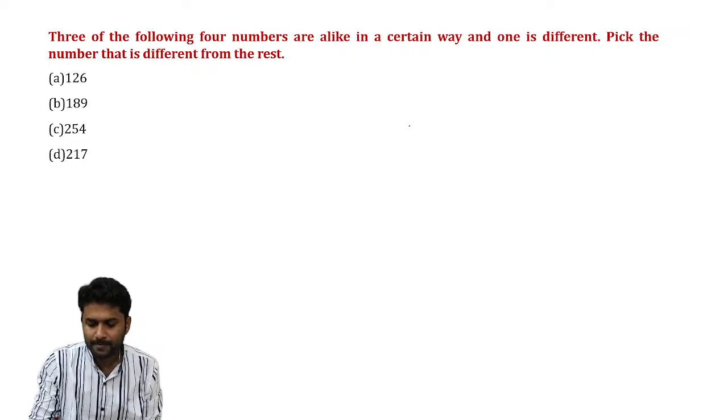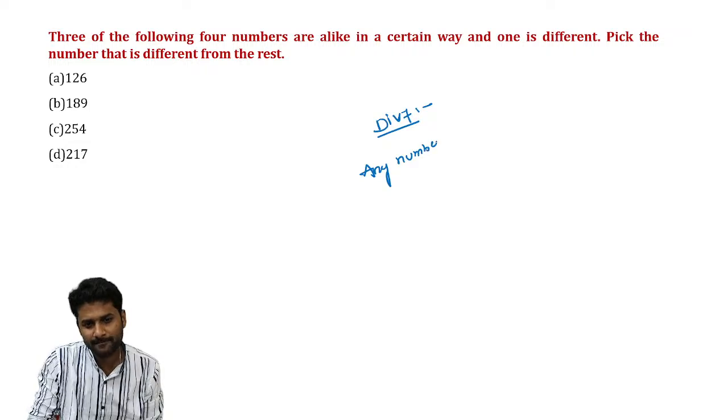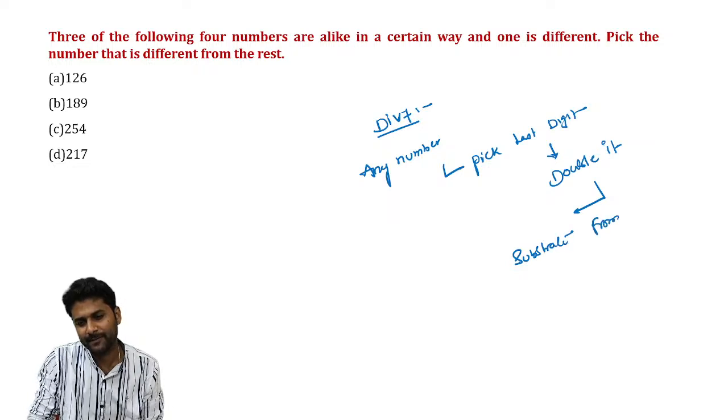Now see, you are already aware of this particular divisibility-by-7 property. If any number is given, pick the last digit, double it, and subtract it from the remaining number.